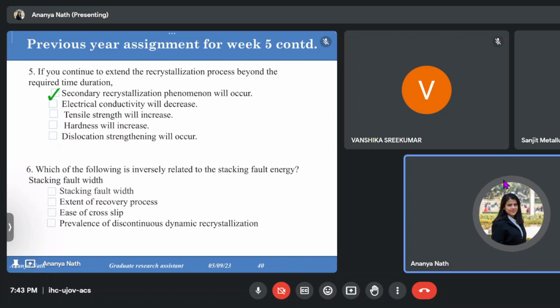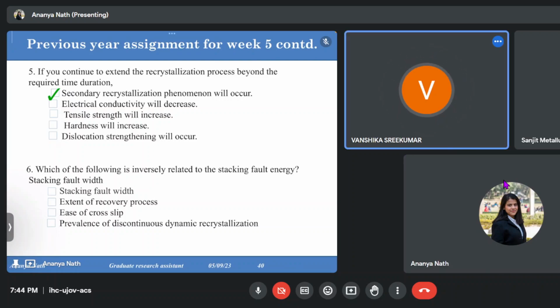Secondary recrystallization will occur. Electrical conductivity increases because the resistance decreases at the time of recrystallization. But you cannot say that as the secondary recrystallization is happening, some abnormal grain growth is happening, so electrical conductivity will anyhow decrease. It may get increased.